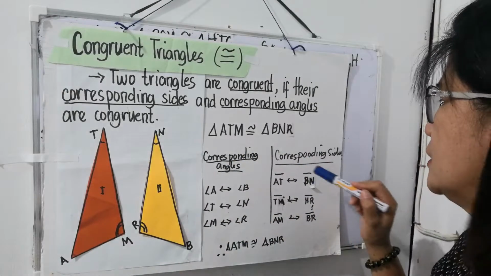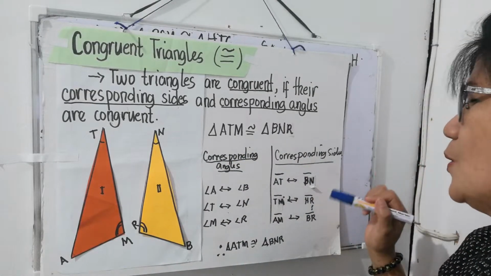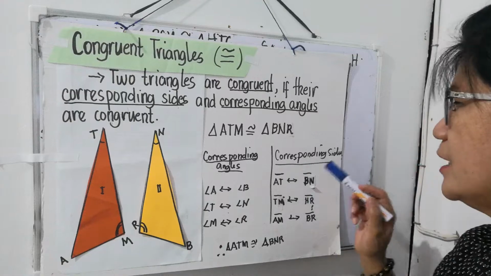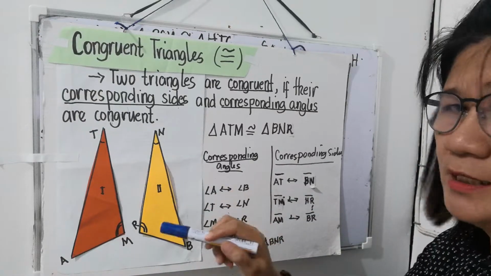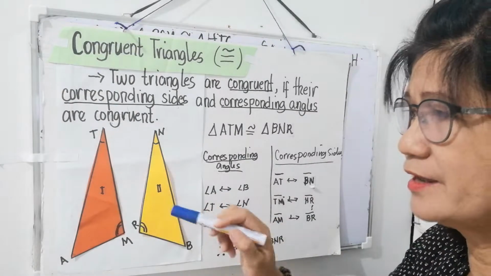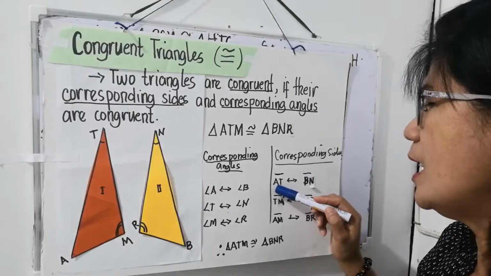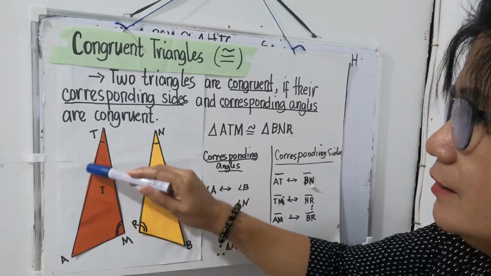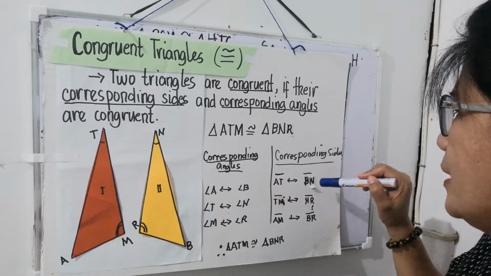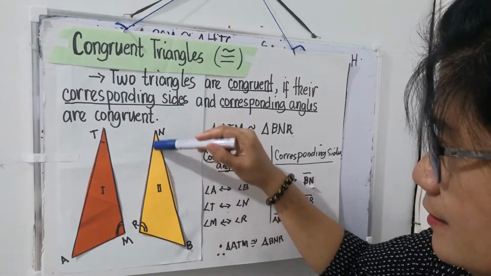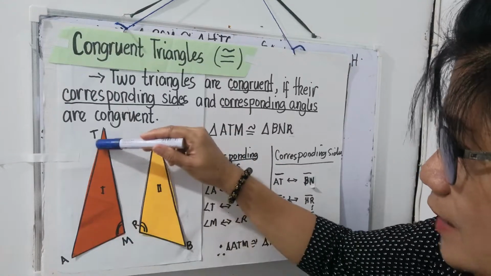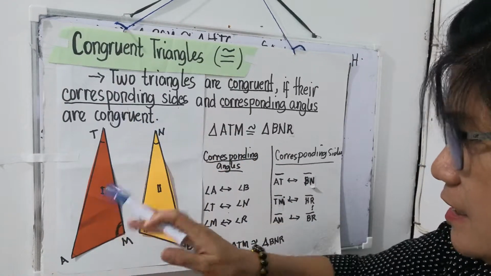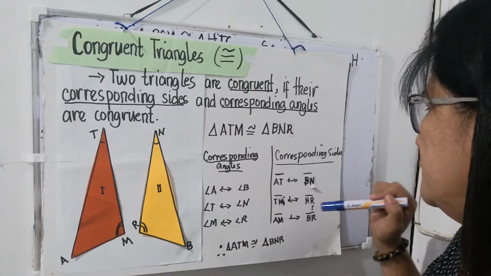How about their corresponding sides? So, let's name the corresponding sides of these two triangles to prove that they are congruent. So, line segment AT, saan yun? Line segment AT corresponds to line segment BN. Di ba? Silang dalawa yung dapat mong ipareha, idikit.